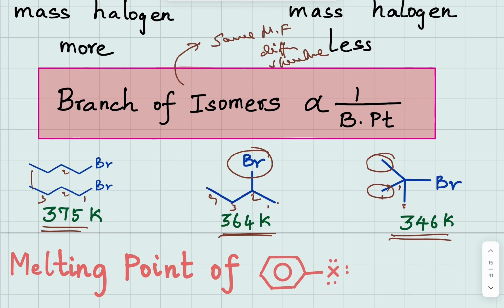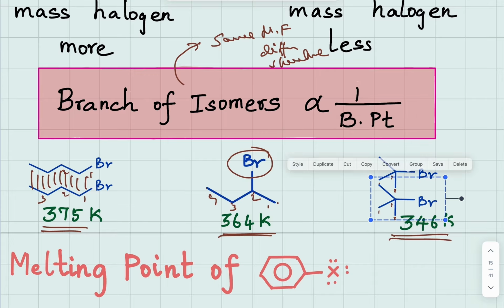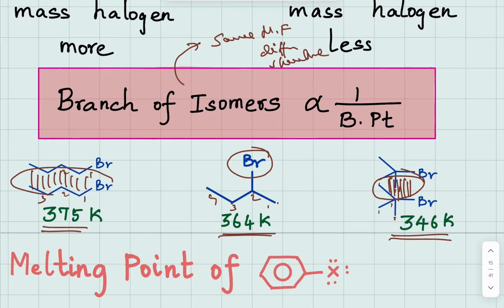There will be a formation of an interaction of some magnitude. It is similar in the case of a branched one also. If I take the branched one in the test tube, what will happen? Here it will form another interaction, and the magnitude of the intermolecular interaction will be somewhat less in comparison with this one.